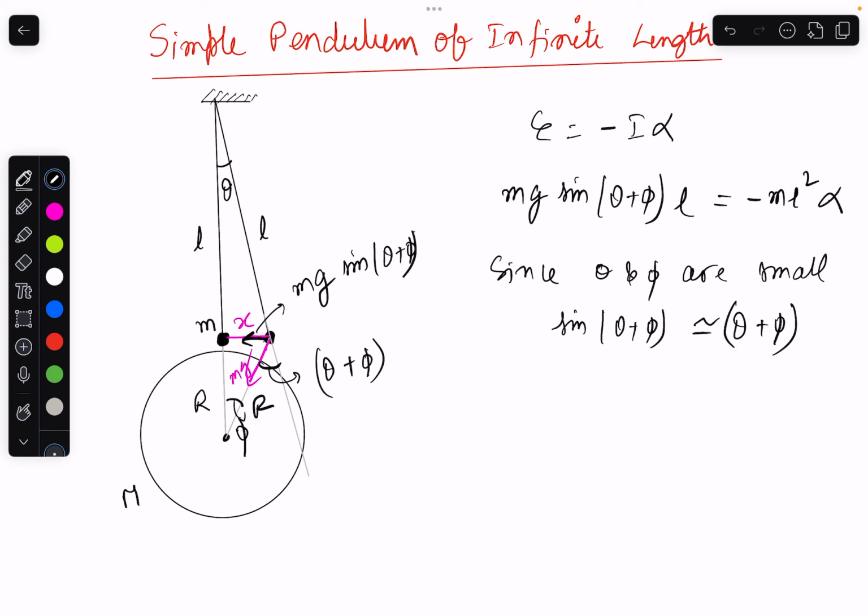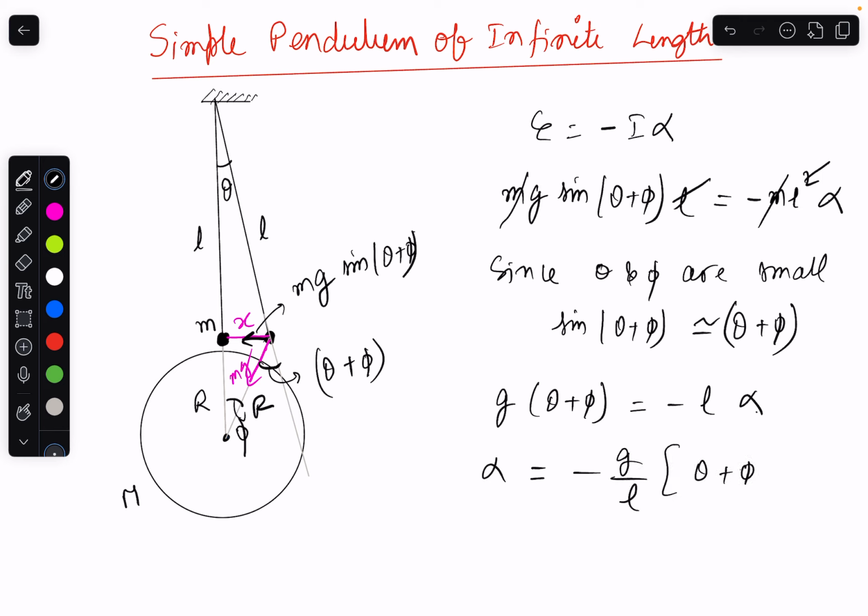So m we can cancel here, one L will get cancelled. So we can write that g into theta plus phi will be equal to minus L into angular acceleration, or the angular acceleration can be written as minus g by L into theta plus phi.